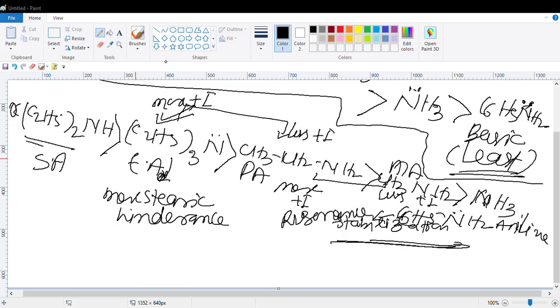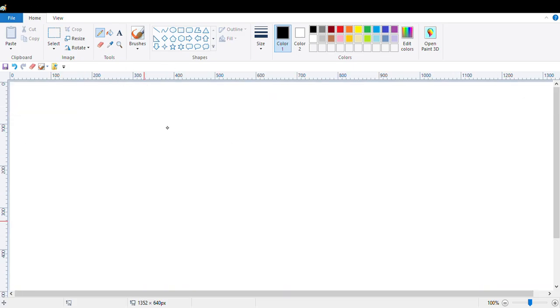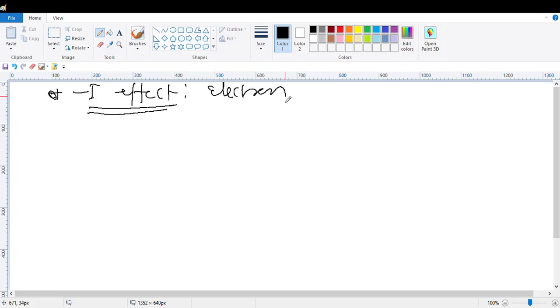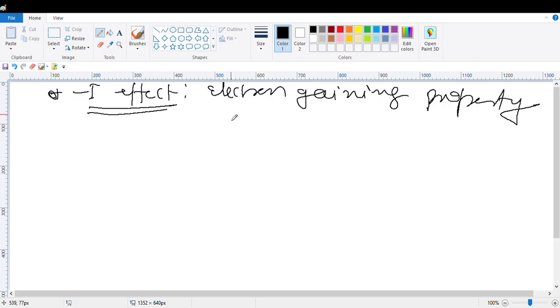Now we are having the minus I effect. So when we go for the minus I effect, it means electron gaining property.